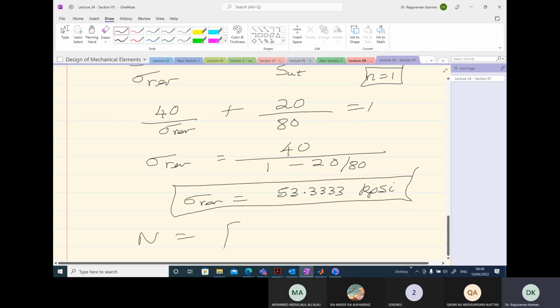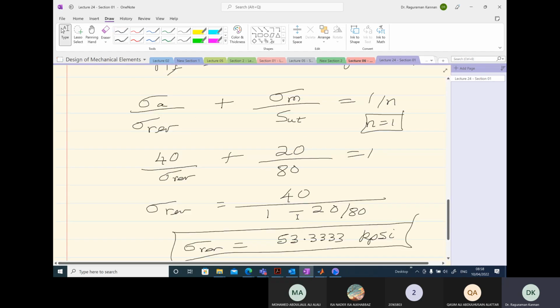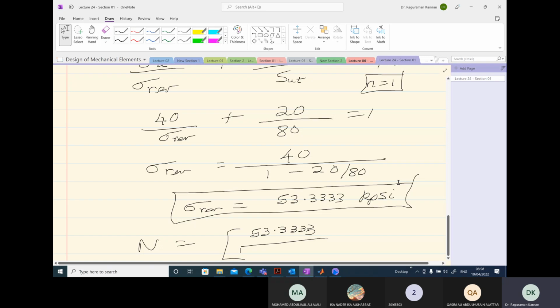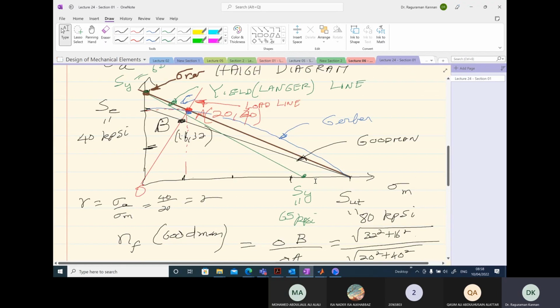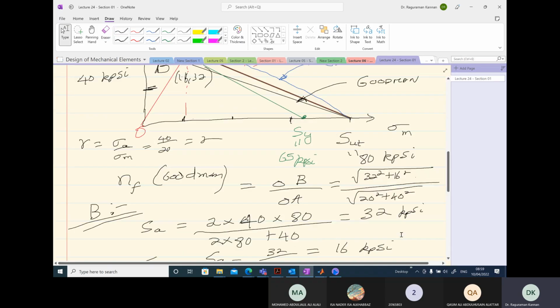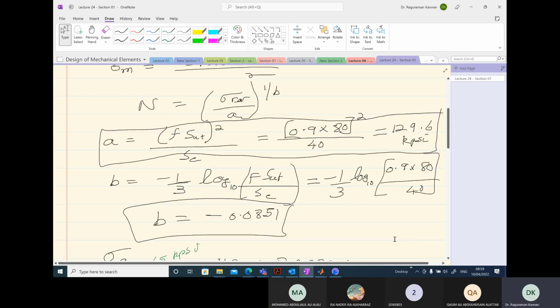N is equal to sigma reversible, which is 53.333, divided by the value of A, which we calculated as 129.6, raised to the power 1 over b, and remember b is negative, minus 0.0851. 1 over b becomes this.